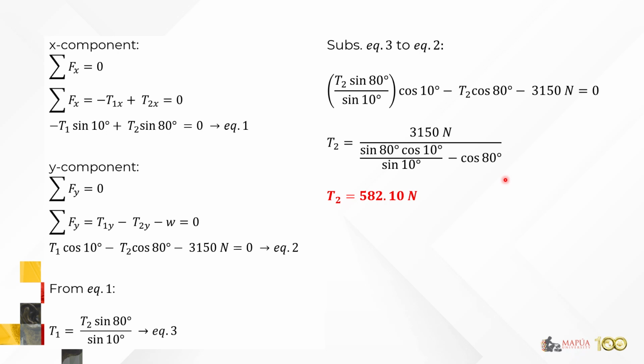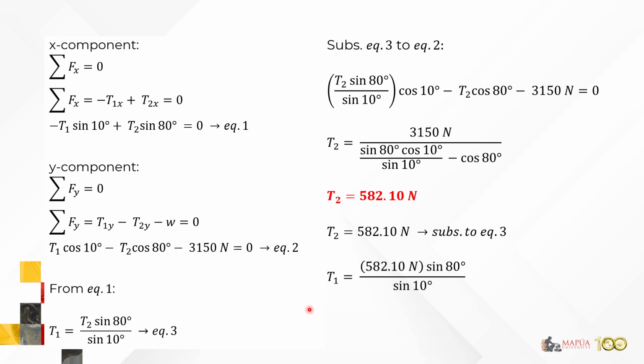Next, to solve for T sub 1, we can actually use any of the equations, either 1, 2, or 3. But here, we substituted T sub 2 into equation 3, and you should get an answer of T sub 1 is equal to 3,301.25 newtons. Hopefully that's clear.